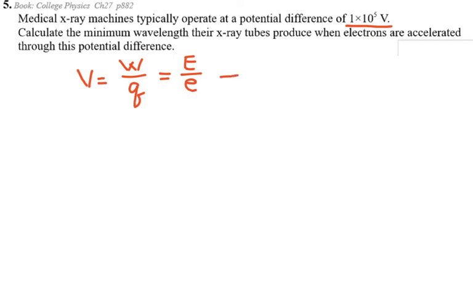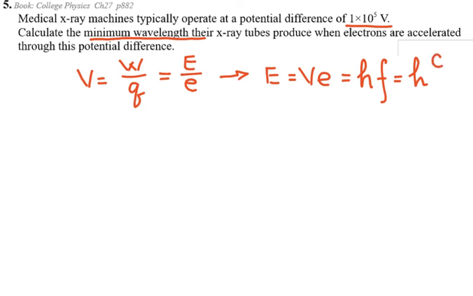So if I calculate the energy, the energy is equal to the voltage times the charge of the electron. And for the wavelength, the energy is equal to h times the frequency, which is h times the speed of light over the wavelength.